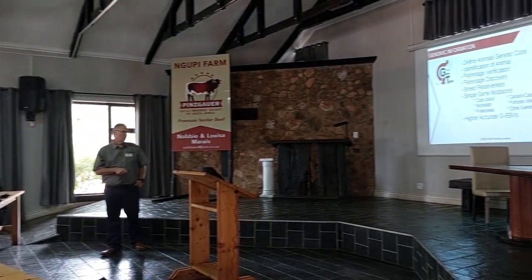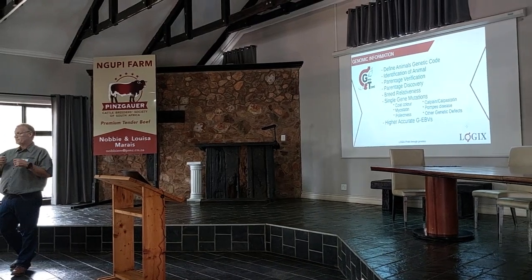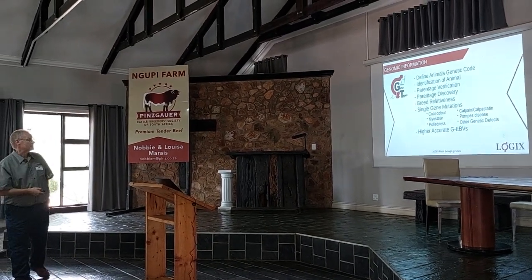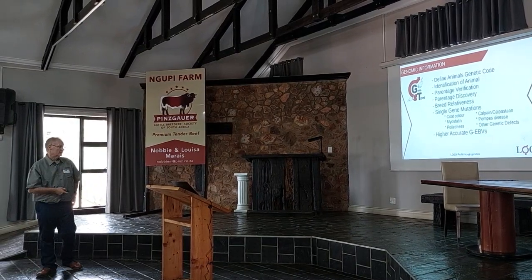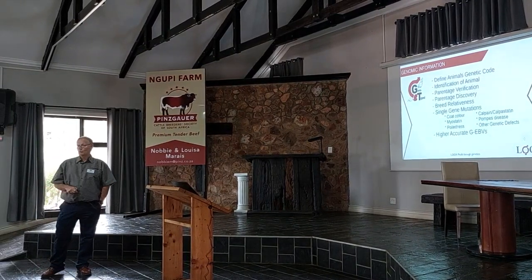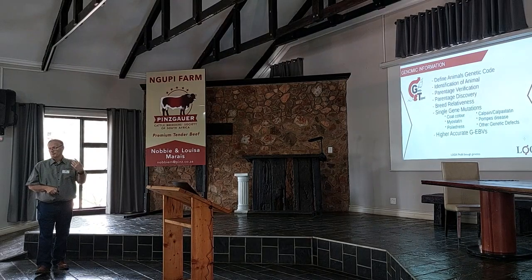So you will have a double muscled calf even if you are farming in the Karoo or in the Western Cape where you have green grass all year round. There are markers for coat color, calpain and calpastatin for meat quality traits, Pompe's disease, myostatin which is double muscling, and baldness.